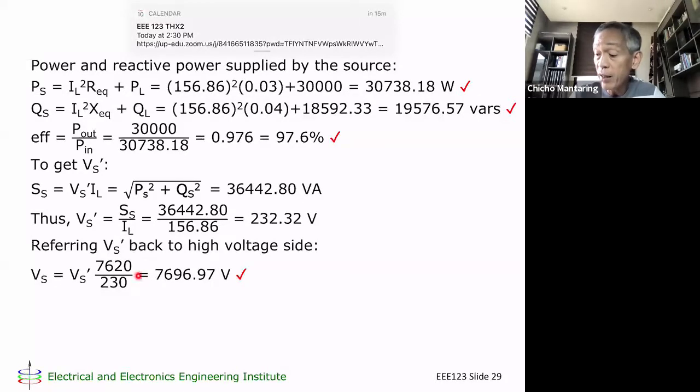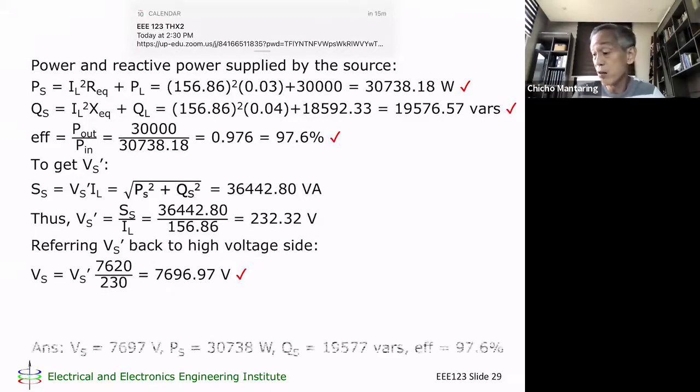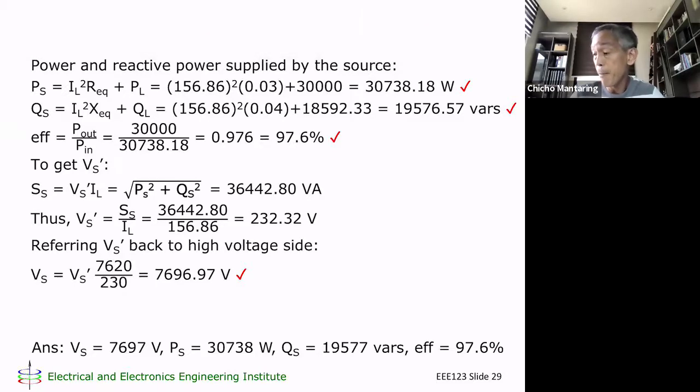So I apply the turns ratio. So my actual voltage supplied at the high voltage side is 7,696 volts. So those are the four answers I was looking for: power supplied by the source, reactive power supplied by the source, the efficiency, and the source voltage.